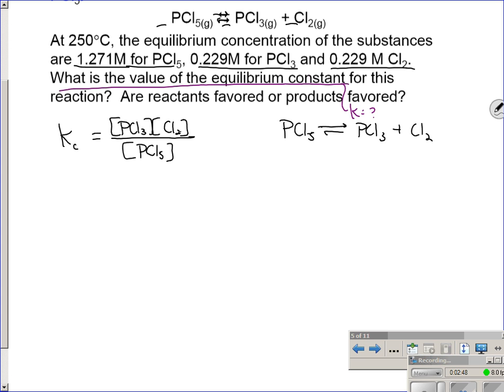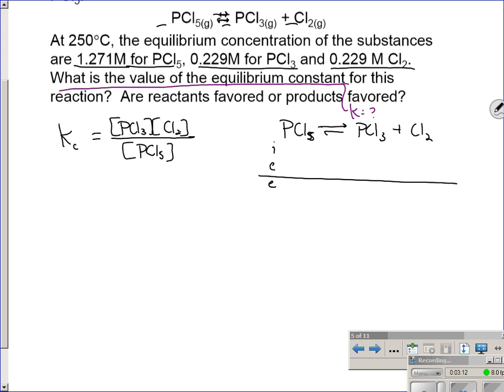ICE stands for initial, change, and equilibrium. Before, when we were doing reactions that went to completion, we used a before, during, and after reaction chart. And in the after reaction portion, there was always something that was 0. That is not the case here for equilibrium.